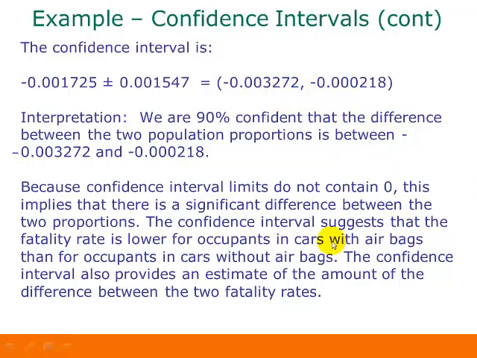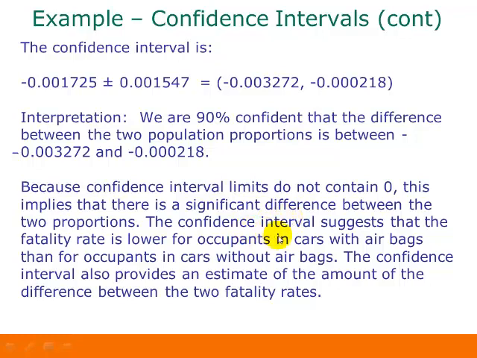And because it doesn't contain 0, this implies that there is a significant difference between the two proportions. In other words, if 0 were included in the interval, then it would be absolutely possible that the two population proportions are the same. If 0 is not included in the interval, then we're saying that there's not as much of a possibility that the two proportions are the same, which means that they are significantly different.